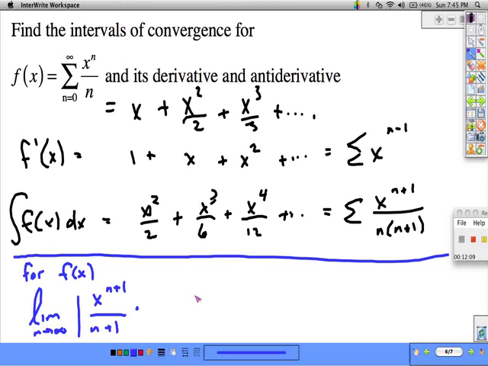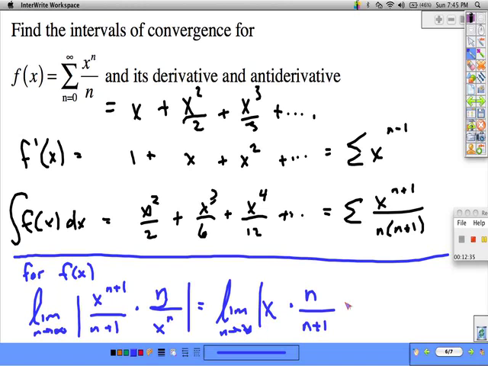So applying the ratio test, this is equal to the absolute value of x.